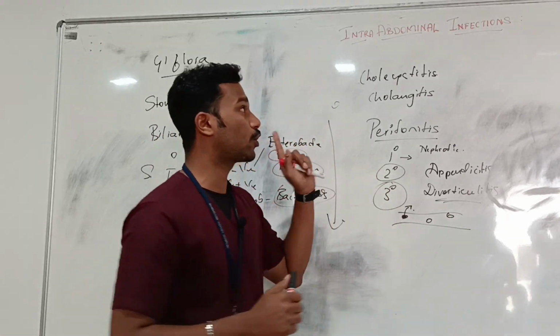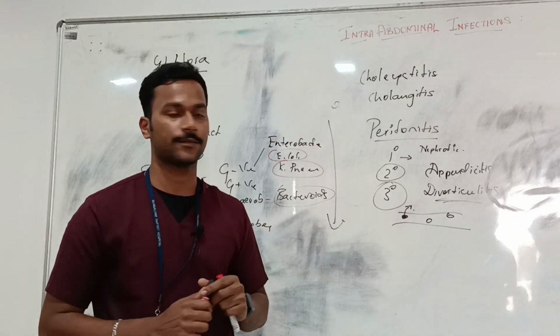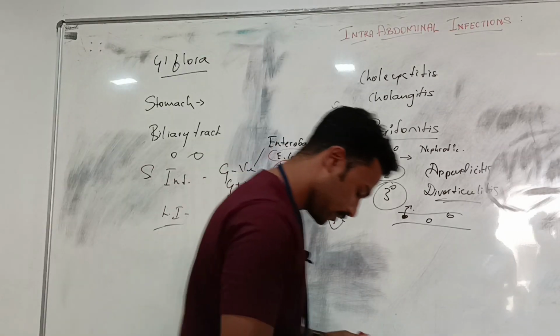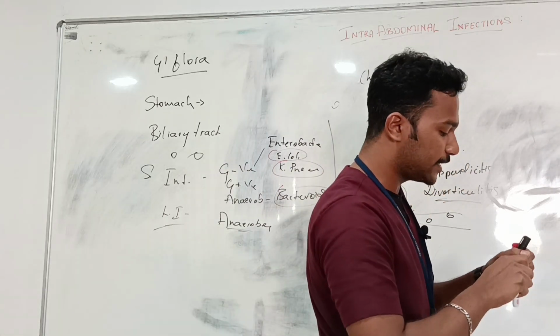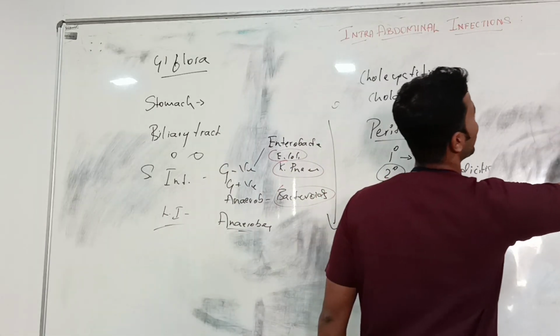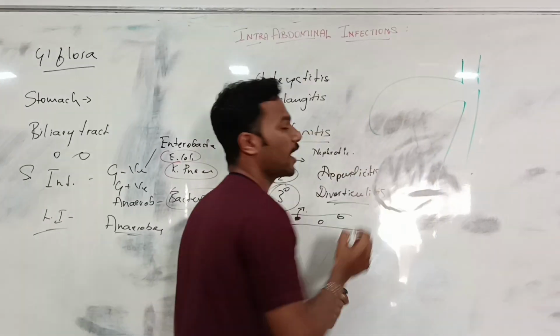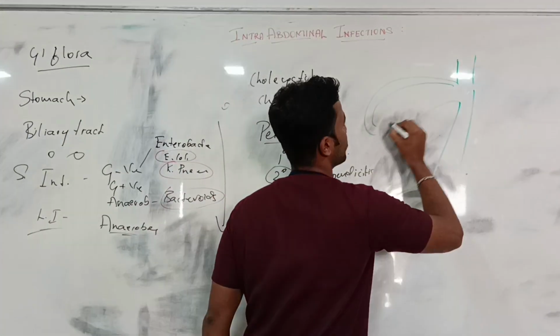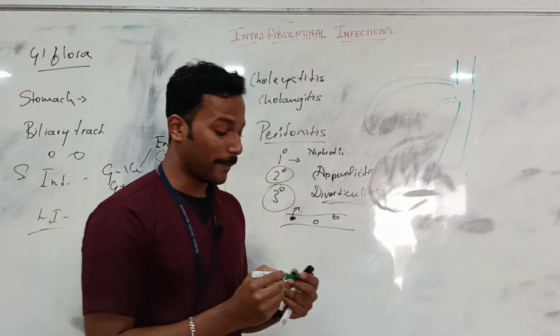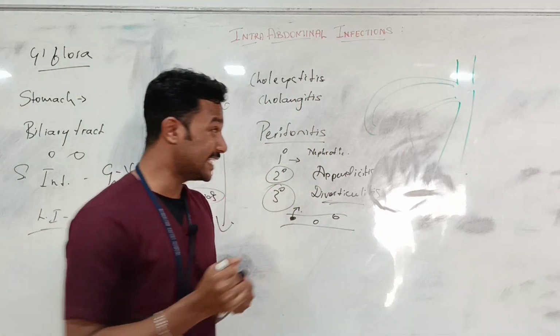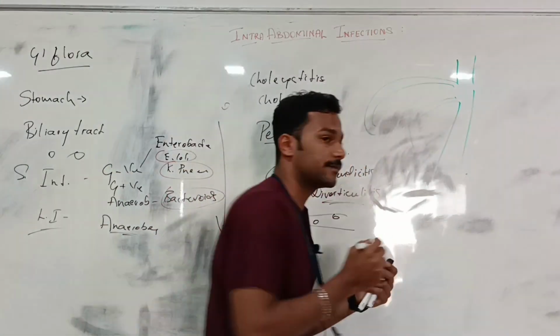Now I'll speak about cholecystitis and cholangitis. I'll roughly draw a gallbladder. So if this is the gallbladder, I don't know how it looks. The major cause of cholecystitis is, guess?